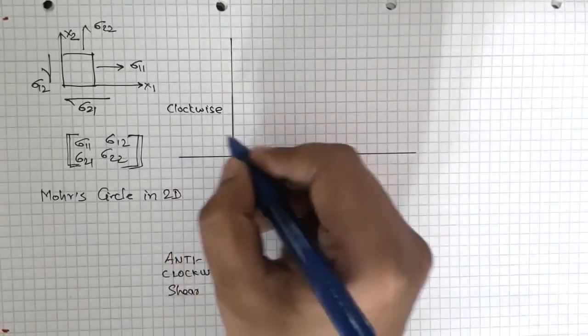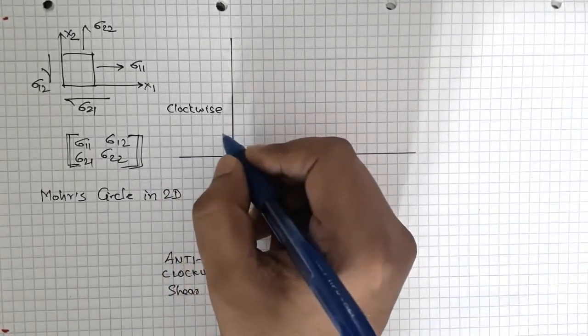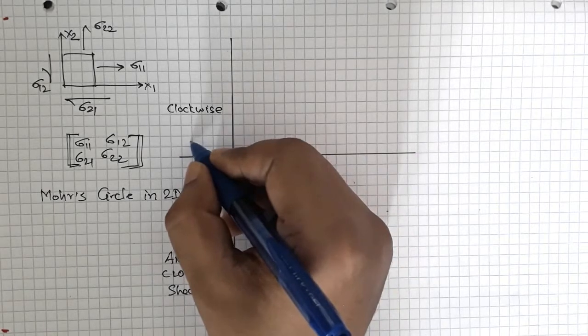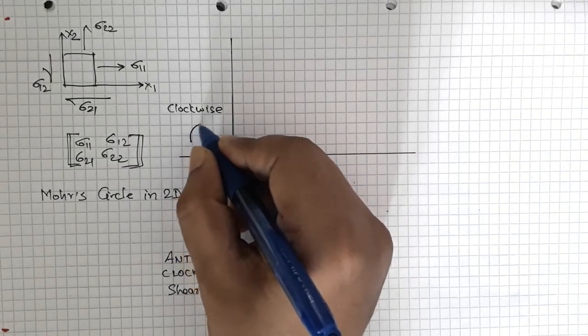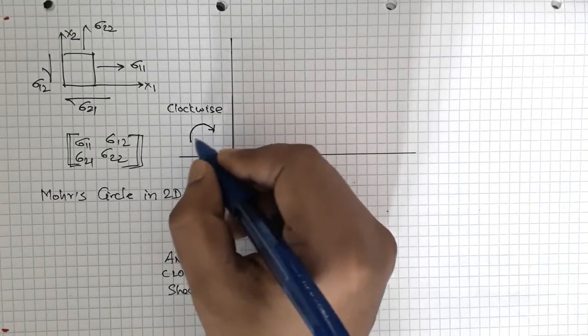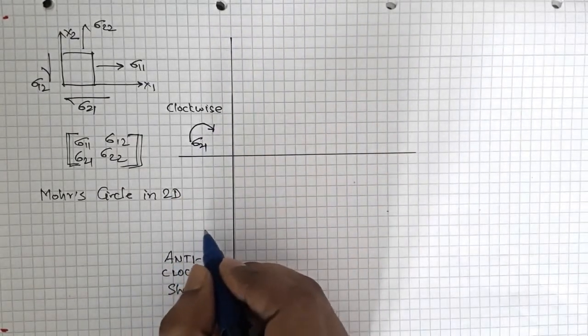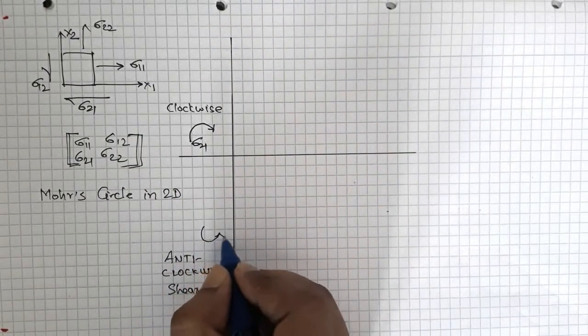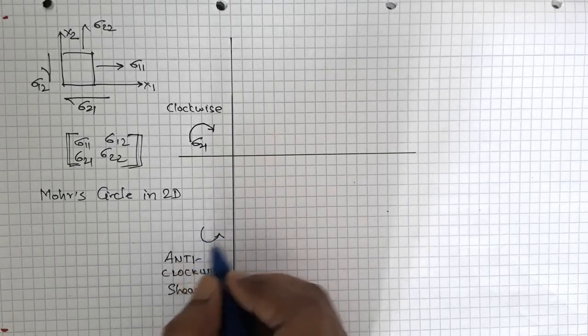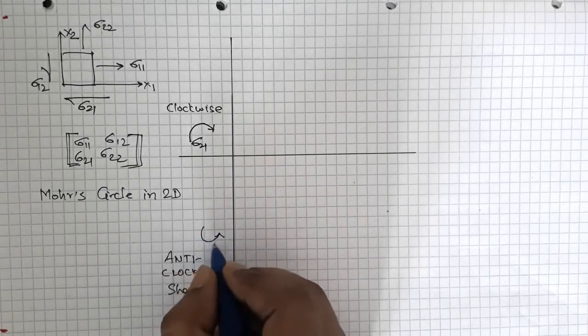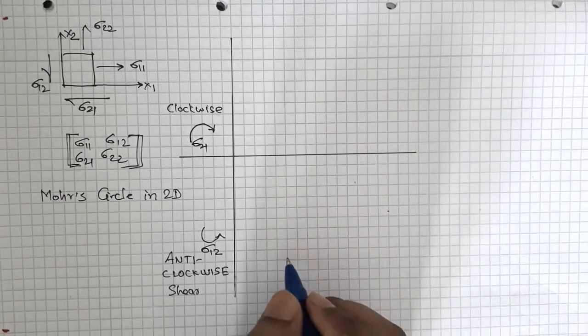So we will consider that shear stress to be positive which will try to have rotation in this direction. That means sigma 21, and on the opposite side we will have shear stress which will try to have a rotation of such kind, so sigma 12, right?